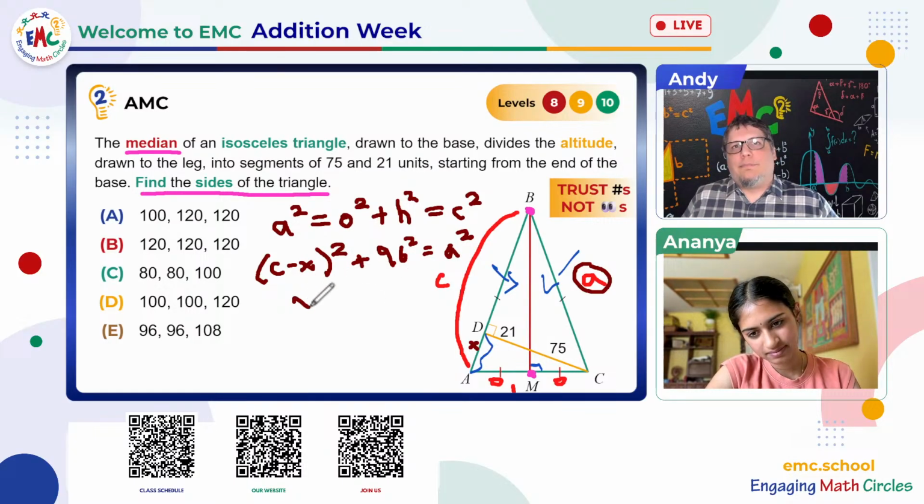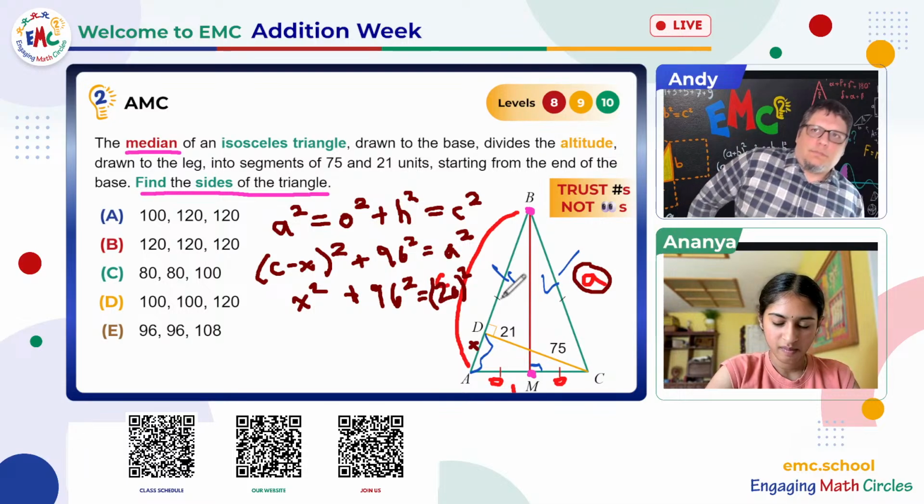x squared plus 96 squared is equal to what? Plus 96 squared is equal to b squared, which, since I've already used o, is 2a squared. Yeah.